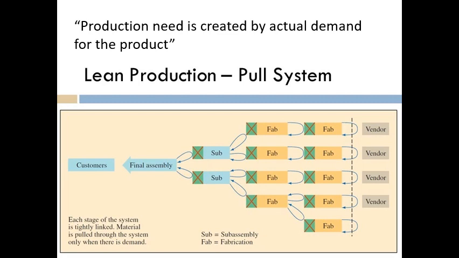Each stage of the system is tightly linked, and material is pulled through the system only when there is demand. Products are produced based on customer demand, right? That is mainly lean production, because we need to eliminate waste.